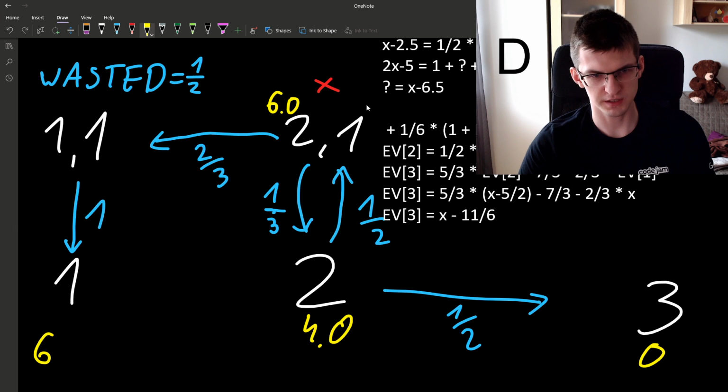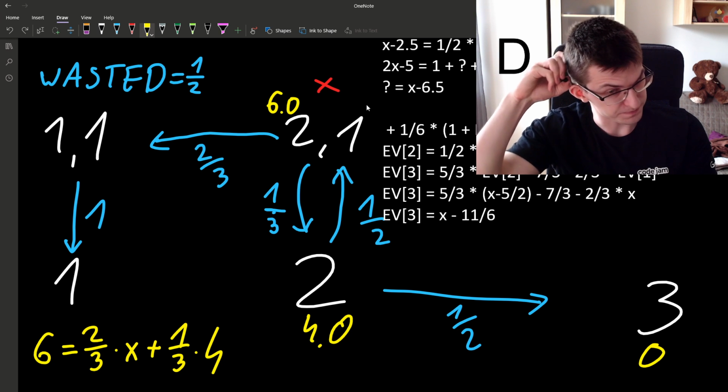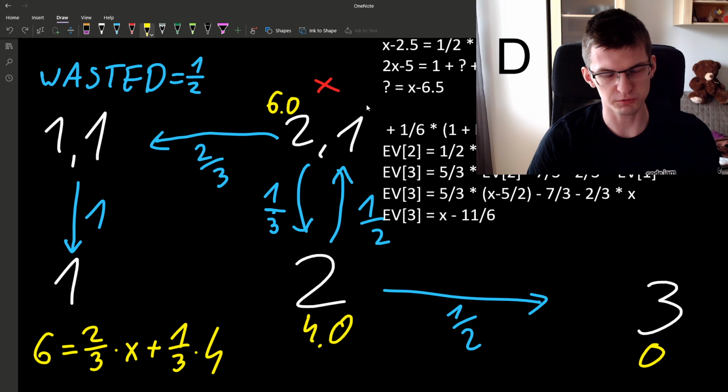Can I claim that 6 is equal to 2/3 times x plus 1/3 times 4, where x is the answer for this place? If yes, then I can compute x. X will be 7, right? 2 times 14, 4, 18, yes. So this is 7.